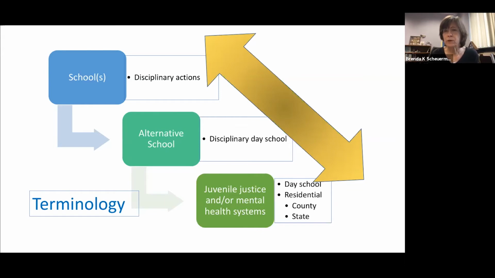Juvenile justice programs tend to be primarily for children about ages 13 or 14 and up. They can be younger, that depends largely on states. Mental health programs serve children of all ages.